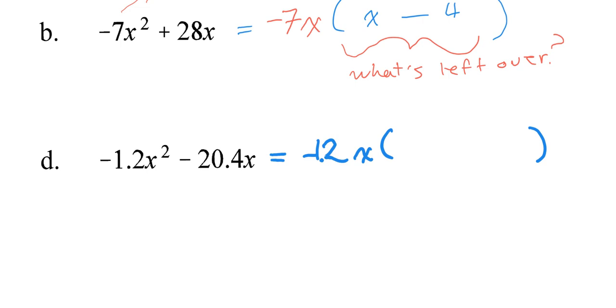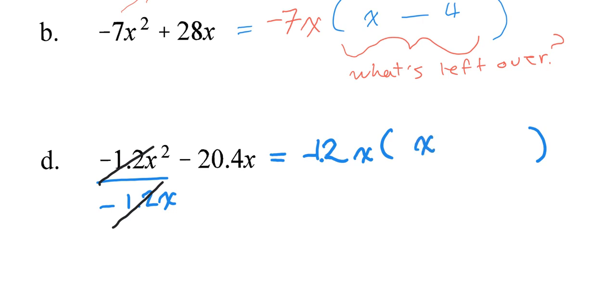If you think about it, I'm going to divide both sides by negative 1.2x. So this cancels with this, and I'm left with a 1, so I'm not going to put anything in front of x. Now, x divided by x is 2 x's, and we pull 1 x off. All we're left with is simply an x.